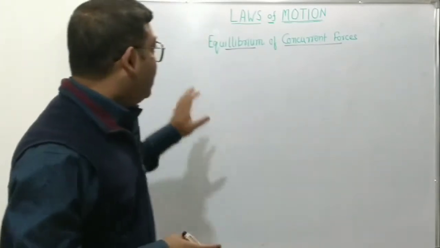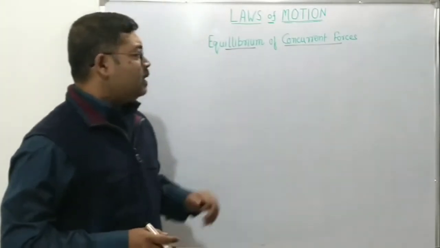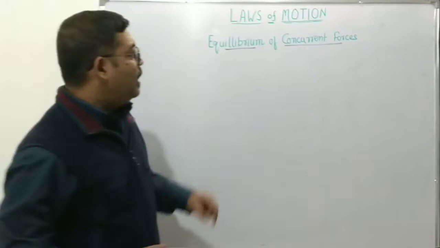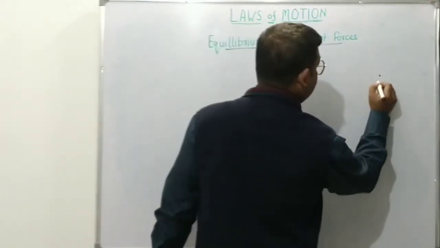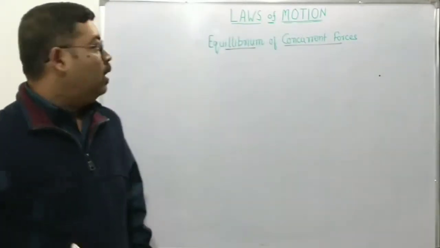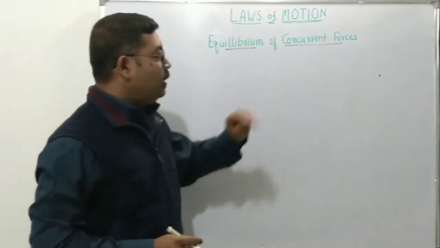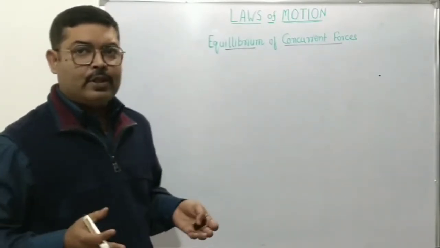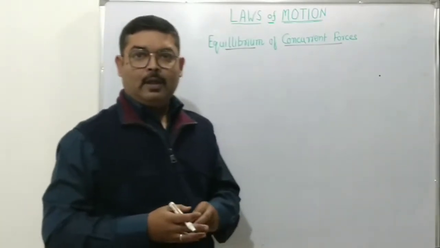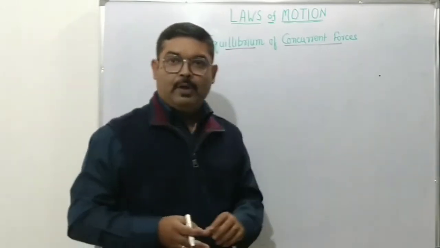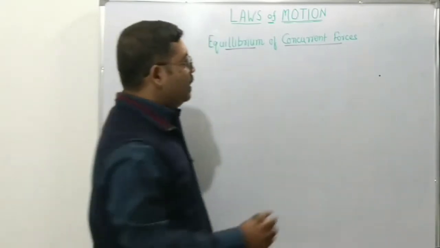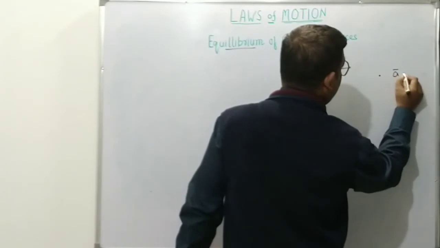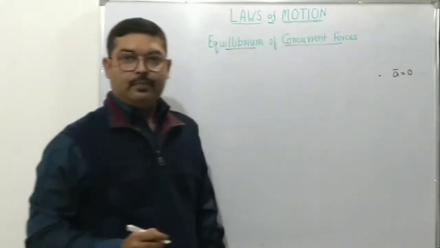Now what is meant by that? See, concurrent forces means forces acting on a single point. So under what condition, if there are different forces acting on a particular point, will the point be in equilibrium? What it means is that the acceleration produced will be equal to 0.